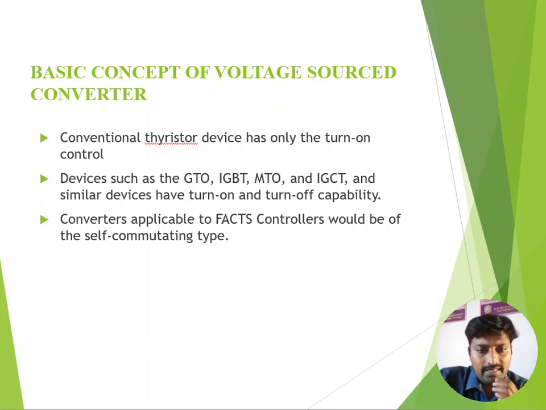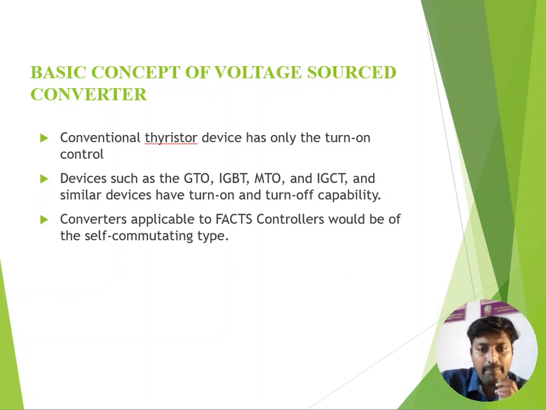Coming to devices like GTO, IGBT, MTO or IGCT, these are similar devices that control the capability of turn on as well as turn off. That's why they are called turn off devices. Thyristor is called a turn on device, only capable of controlling the on state. So GTO, IGBT, MTO, IGCT are the devices that can control both on state and off state.